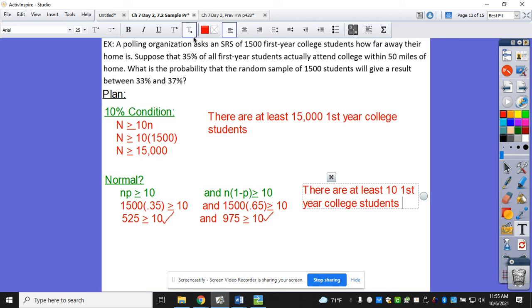No, because it's lowercase n. And I go total shorthand here.